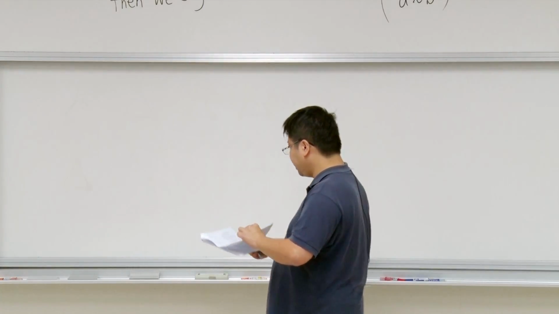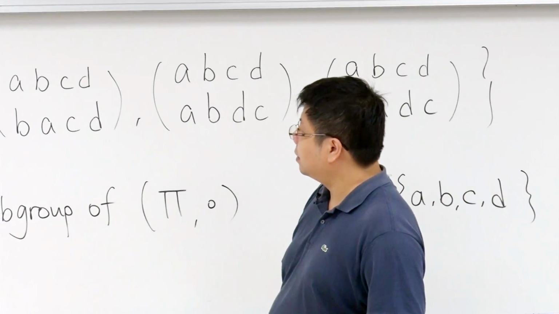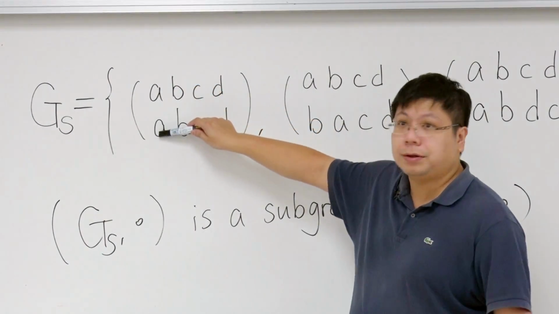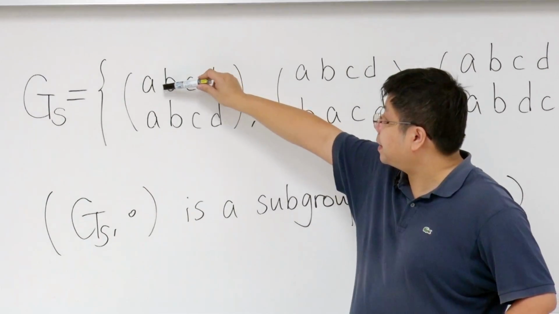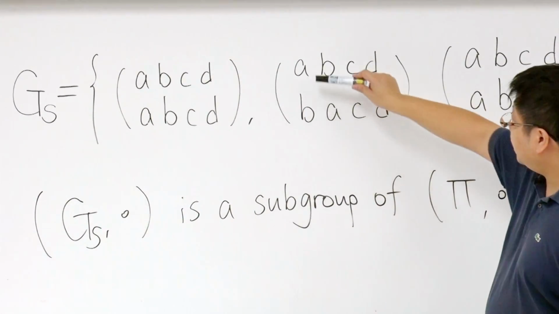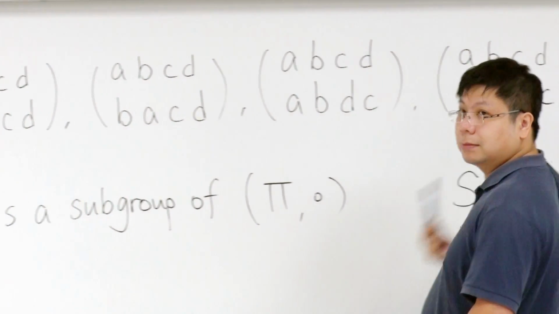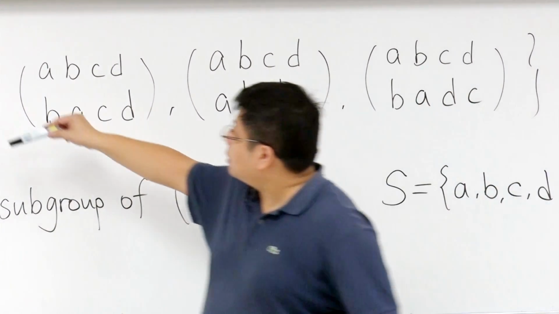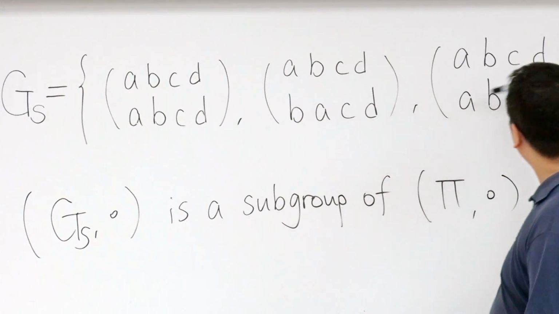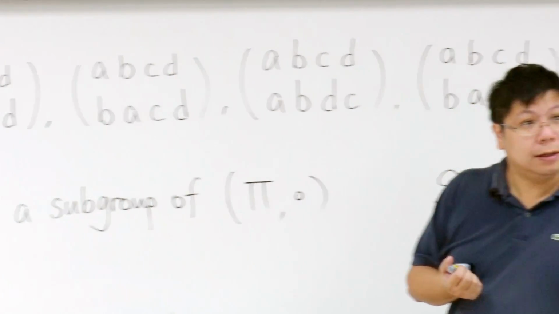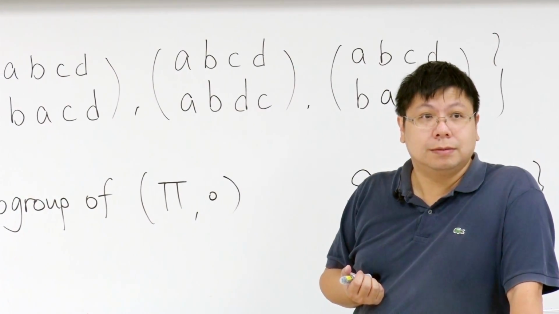So let's take a look. We have an example here. Here A is related to A because there is a permutation that maps A to A. A is related to B. And then C is related to C, C is related to D.